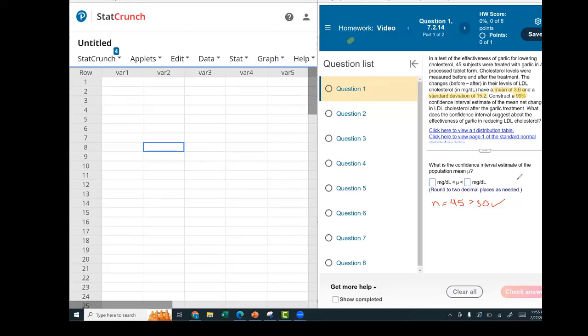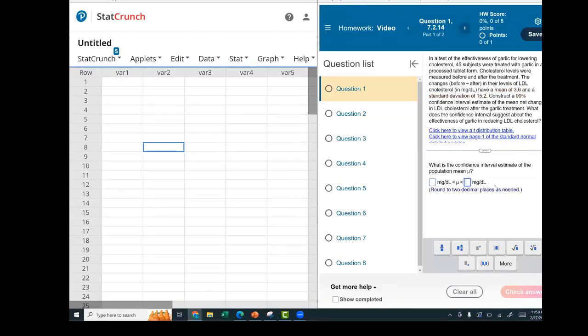Construct a 99% confidence interval estimate of the mean net change in LDL cholesterol after the garlic treatment. What does the confidence interval suggest about the effectiveness of garlic in reducing LDL? So, what do you think? Are we going to use a t-score or a z-score for this?